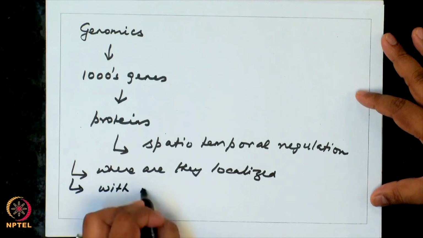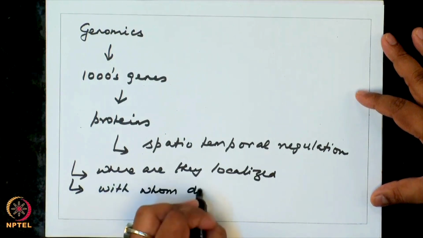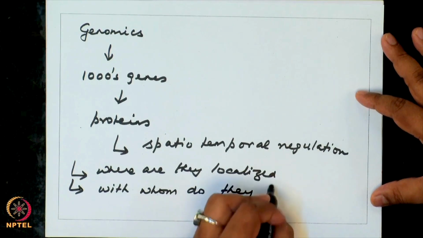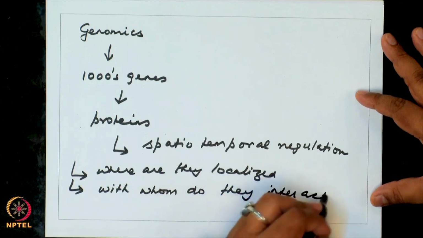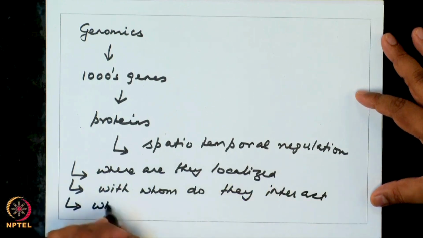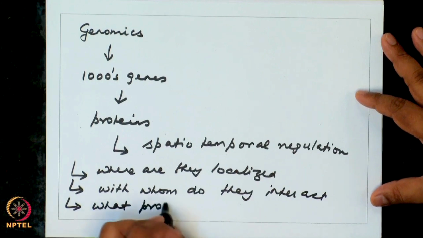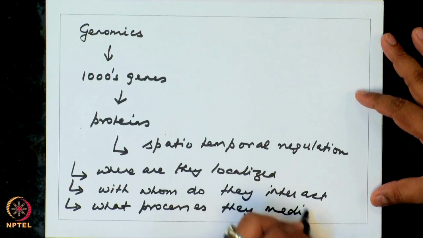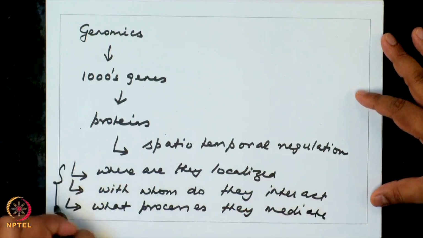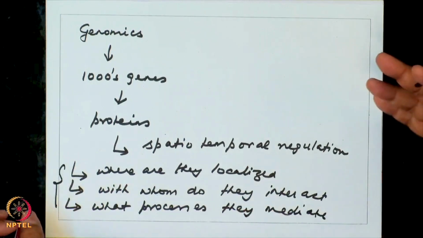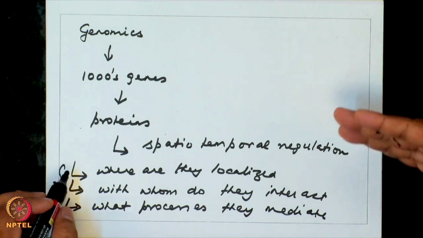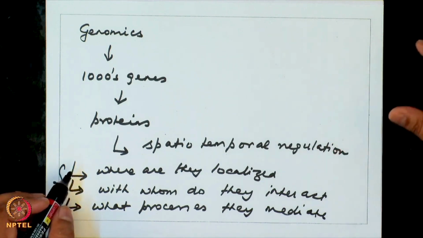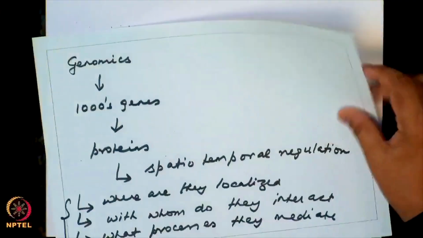With whom do they interact? And what processes do they mediate? These are all important to reconstruct our picture of how these proteins might be participating in various cellular processes.